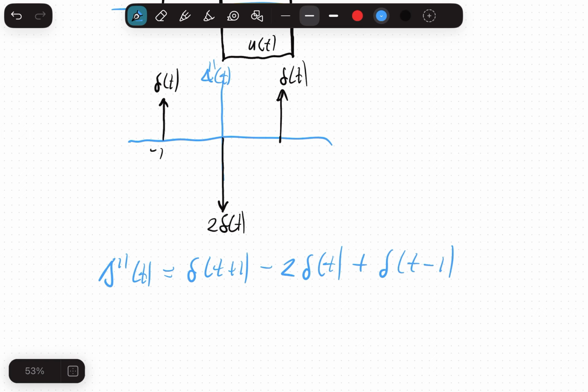So this is actually the second derivative of it.